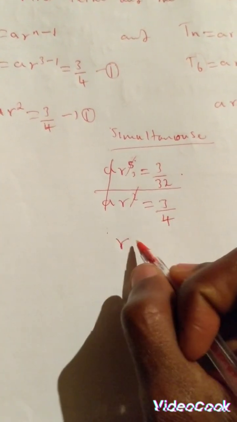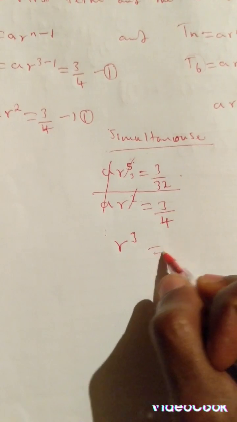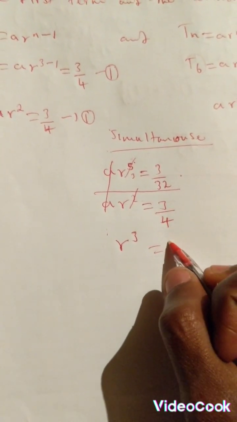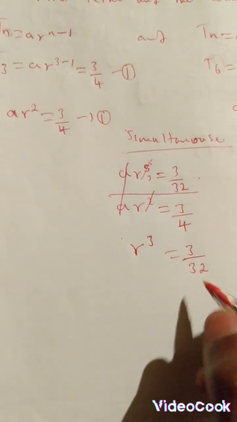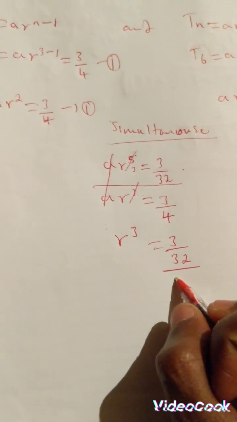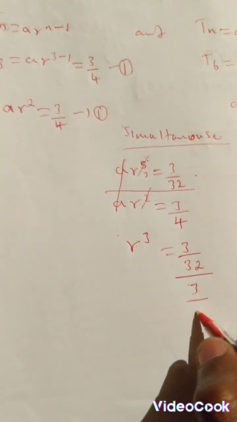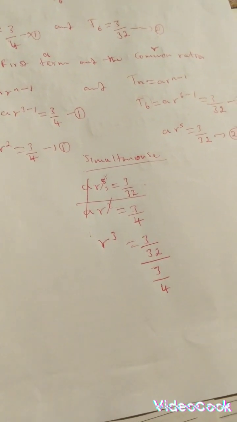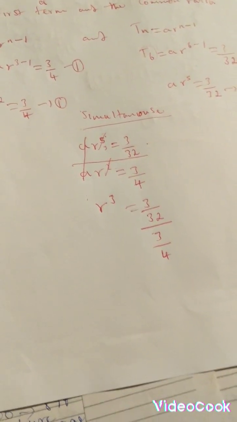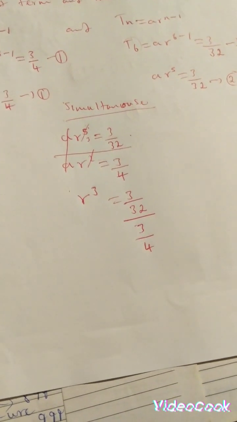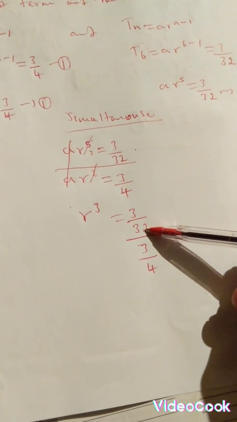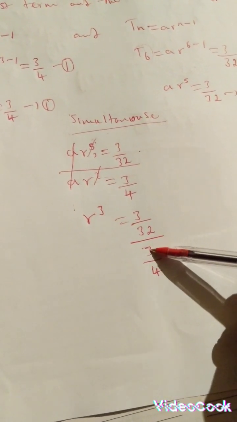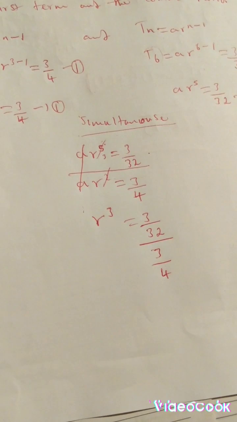So it will be r cubed is equal to 3 over 32, divided by 3 over 4. From here you can use your calculator to simplify. If you want, you can go direct by saying 3 over 32, then 3 over 4, or you can use an alternative.